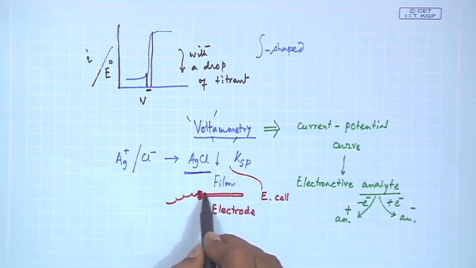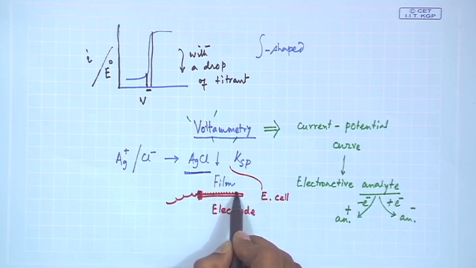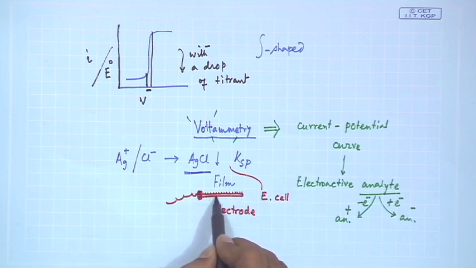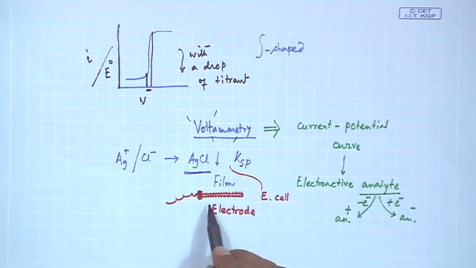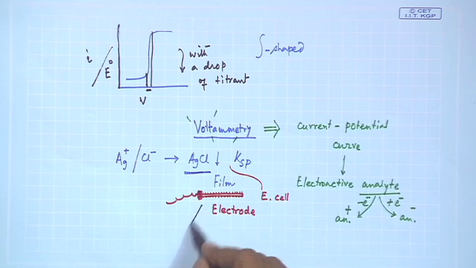So, a very thin film of these materials can be deposited. Once they are deposited as a film on this electrode, and if these are considered for adsorption, we can study the adsorption processes as well.